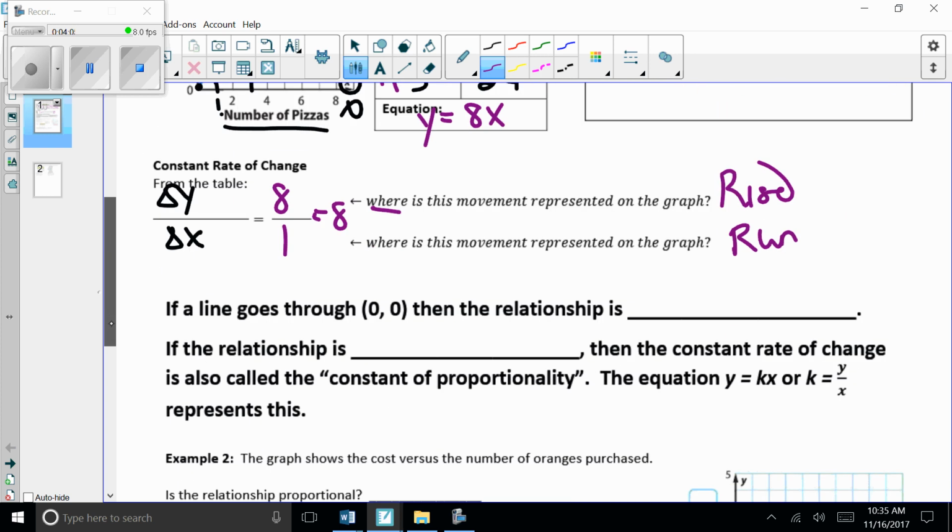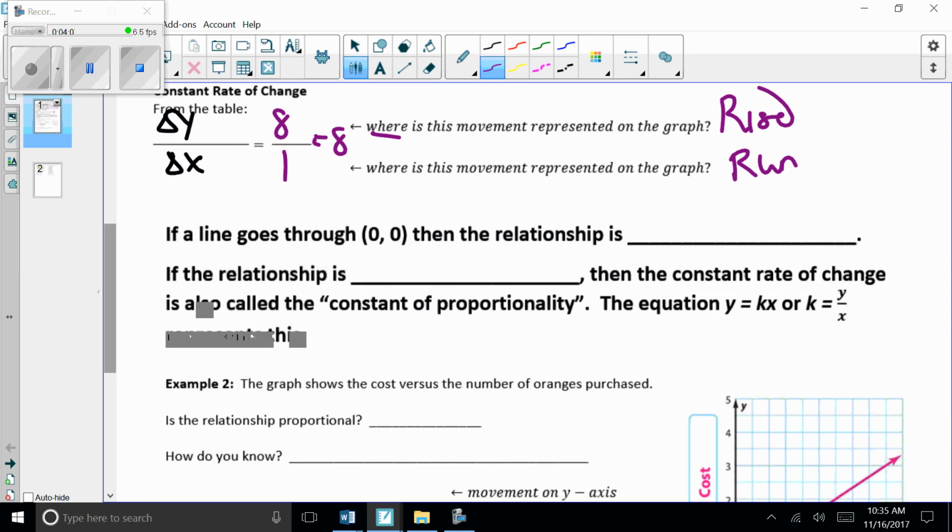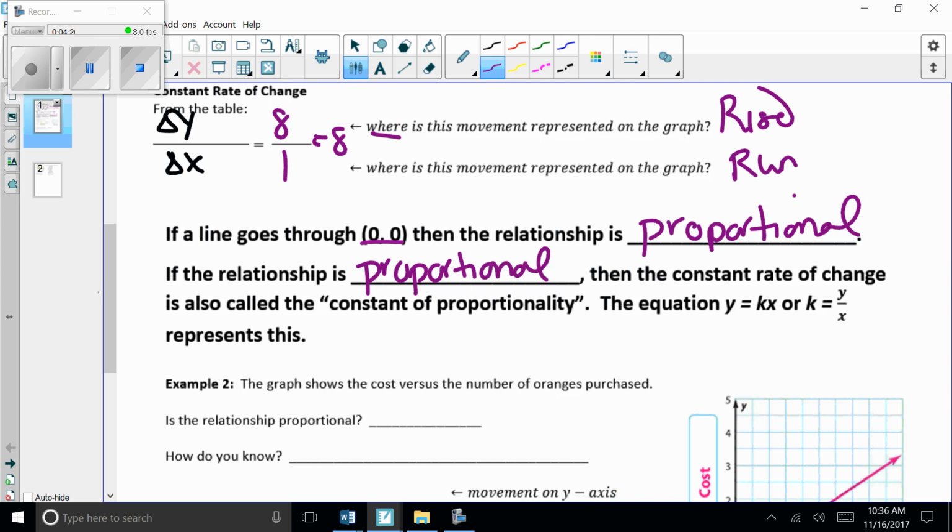Okay, so in the middle it says if a line goes through 0, 0, then the relationship is, this is a review from yesterday, it should be proportional. And if the relationship is proportional, then the constant rate of change is also called the constant of proportionality.